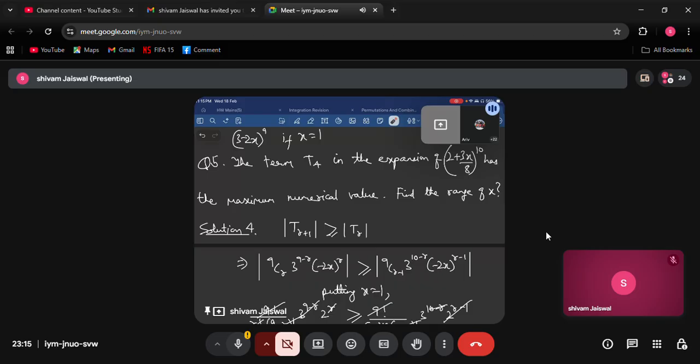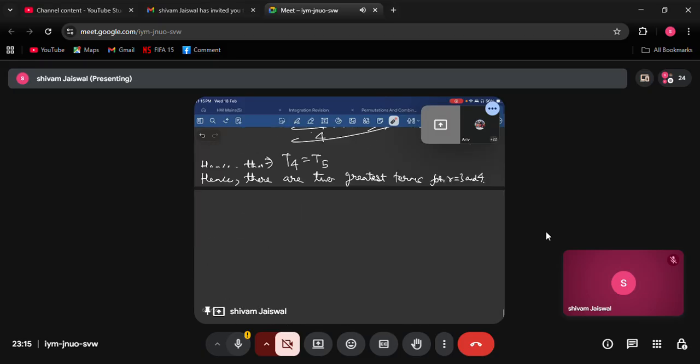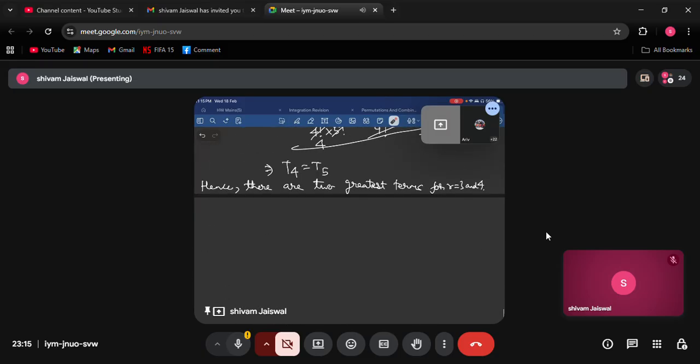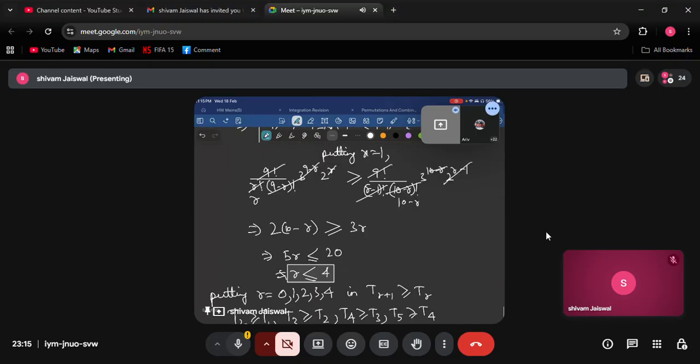Okay, so the term T4 in the expansion has the maximum numerical value. So over here, what does it mean that the term T4 has the maximum value?